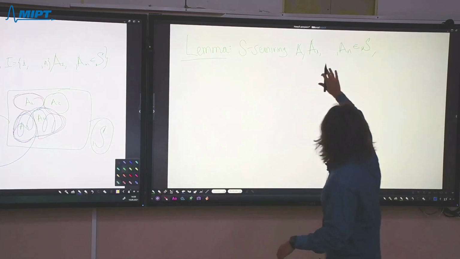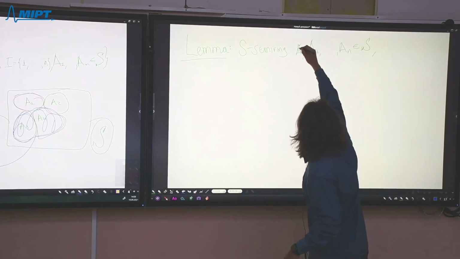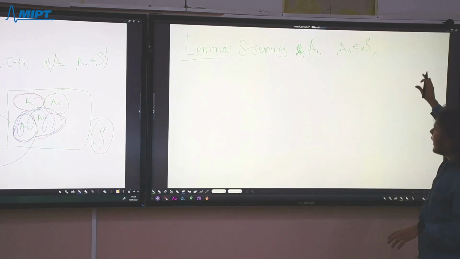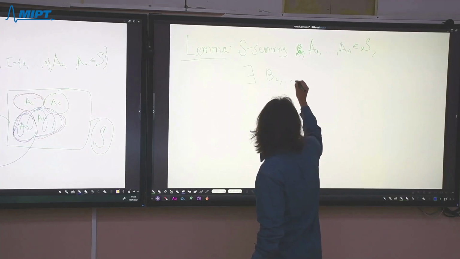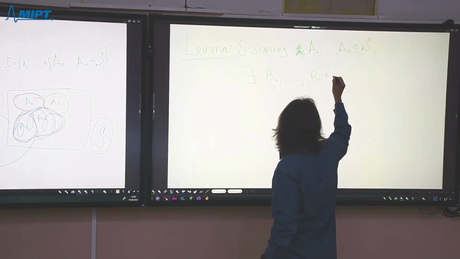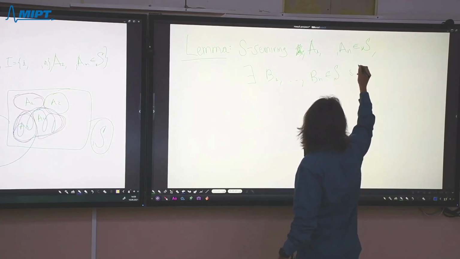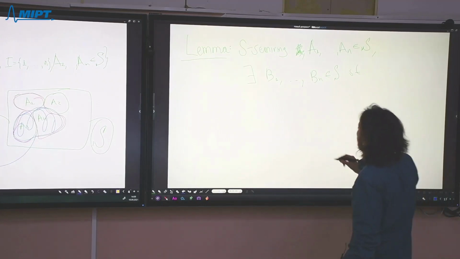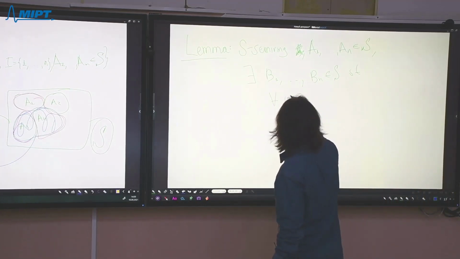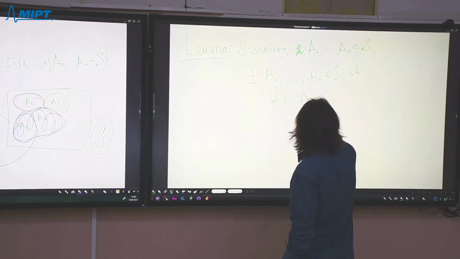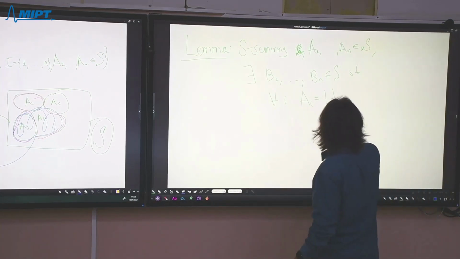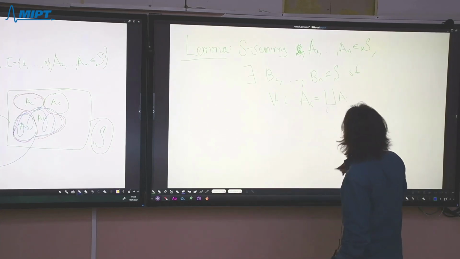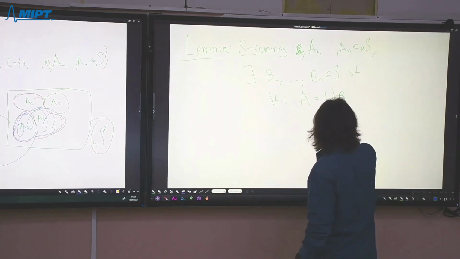Okay, so we have these elements A1, ..., An, then there exists some collection B1, ..., Bn such that for every i, it holds that A_i is equal to the disjoint union of some B_j.